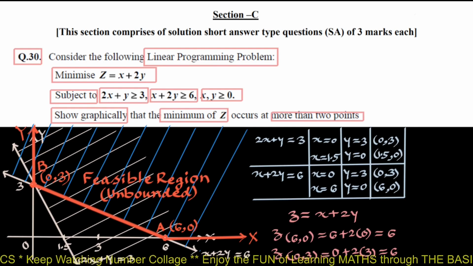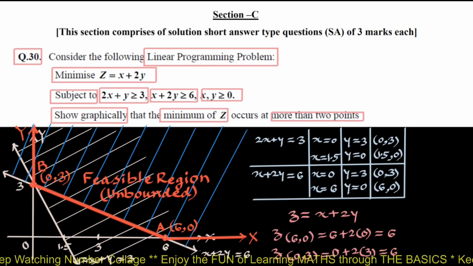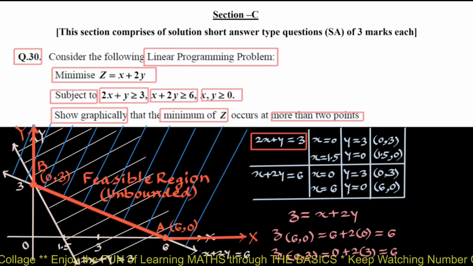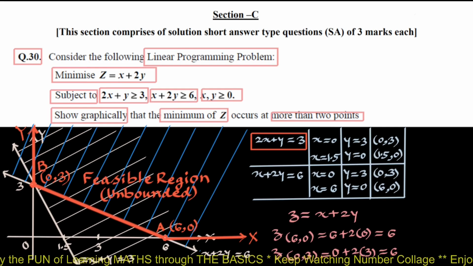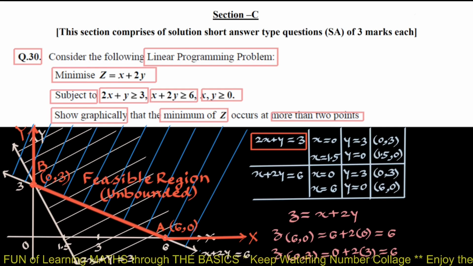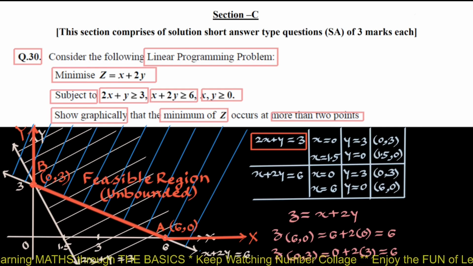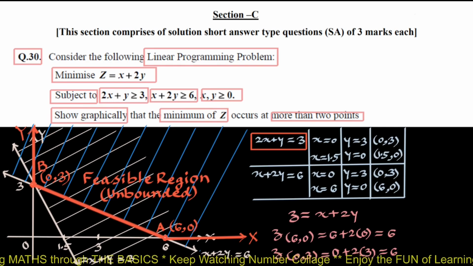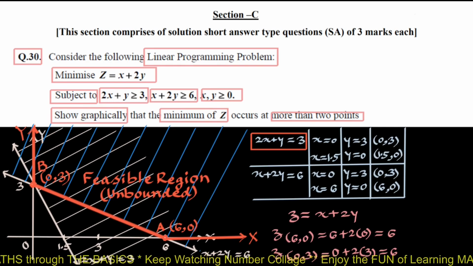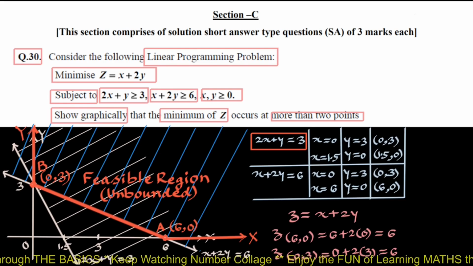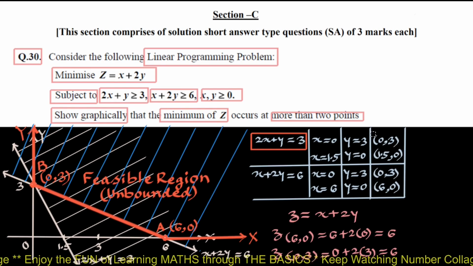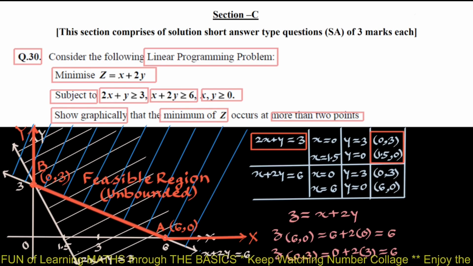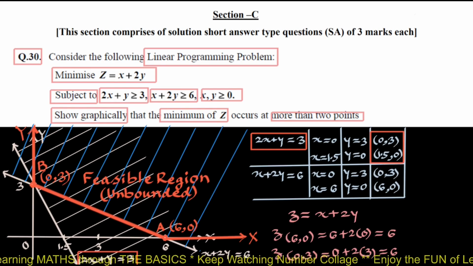First, we will draw the line 2x plus y equals 3 by first putting x equals 0 and getting y correspondingly. That gives 3 on the y-axis, and after that putting y equals 0, we will get x equals 1.5, thus getting a point (1.5, 0) on the x-axis. By plotting these 2 points, we draw the first line 2x plus y equals 3.